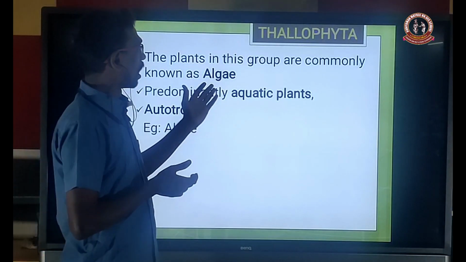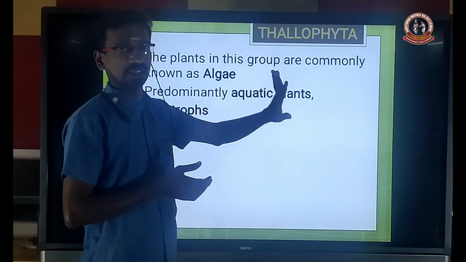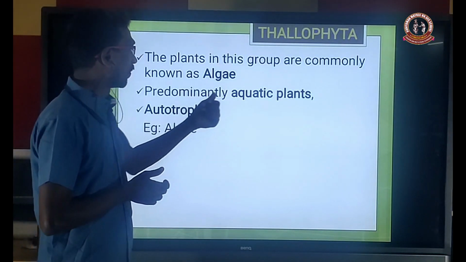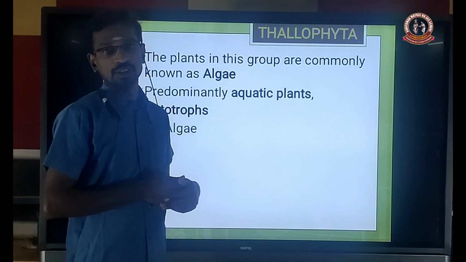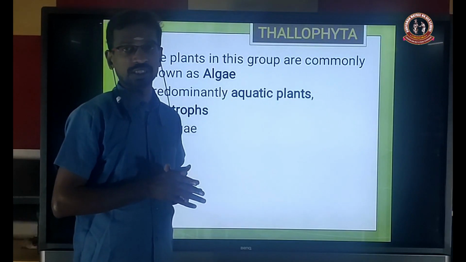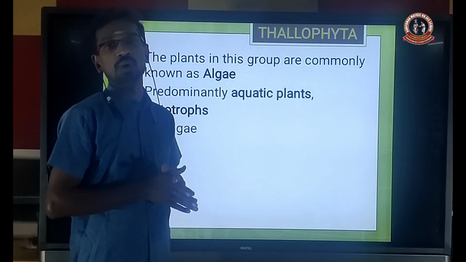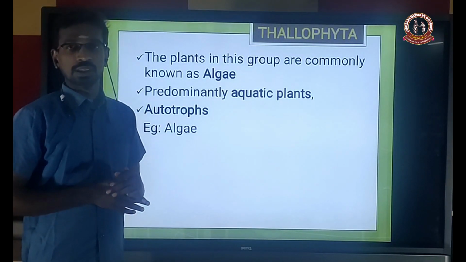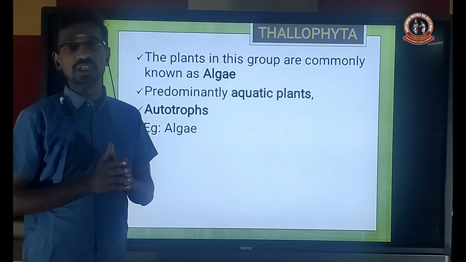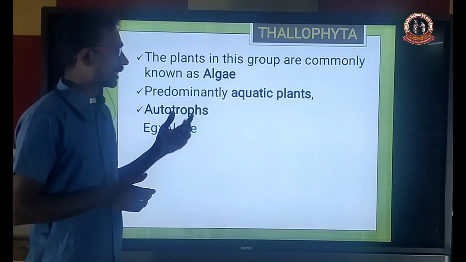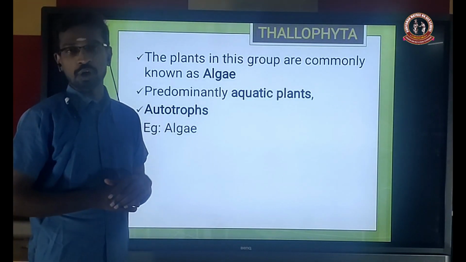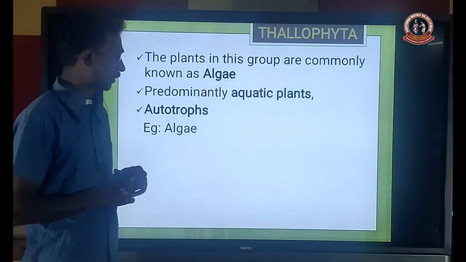The algae and fungi came under the Thallophyta in the previous classification, and they are predominantly aquatic plants, present inside or near water bodies. Mostly they are autotrophs, doing self-mode nutrition, and they act as primary producers in aquatic bodies. That's all.